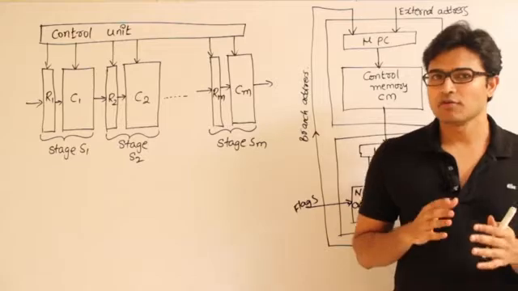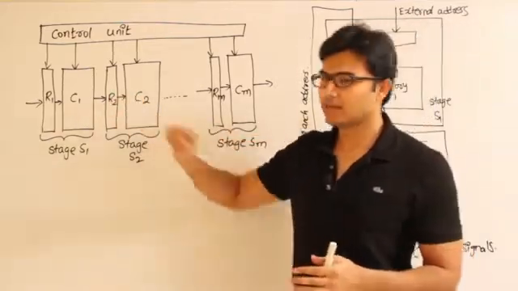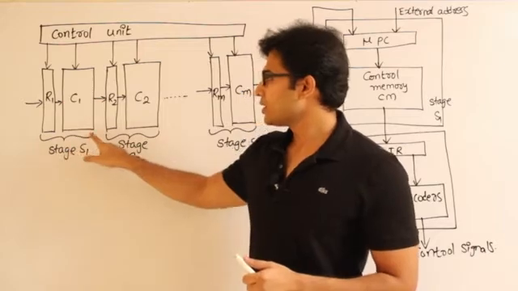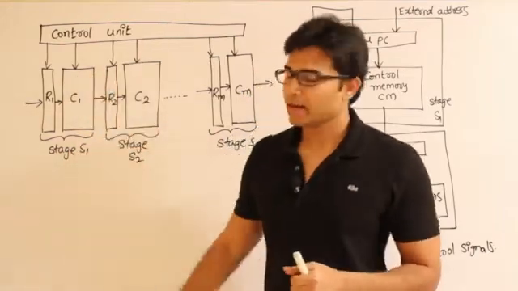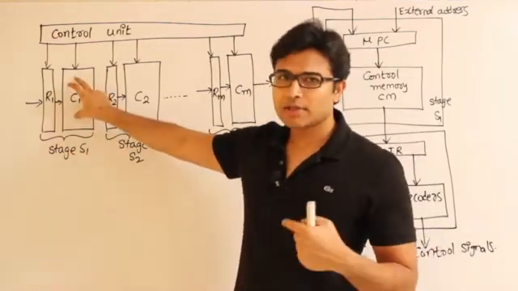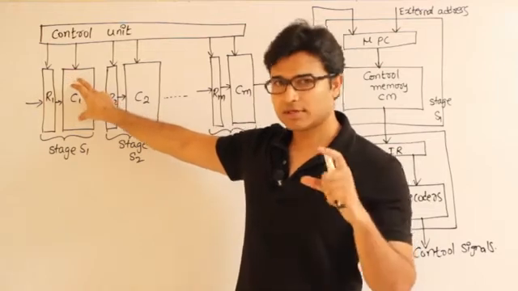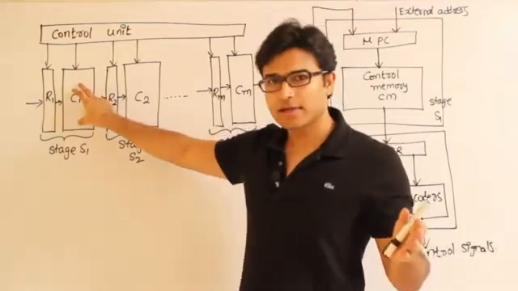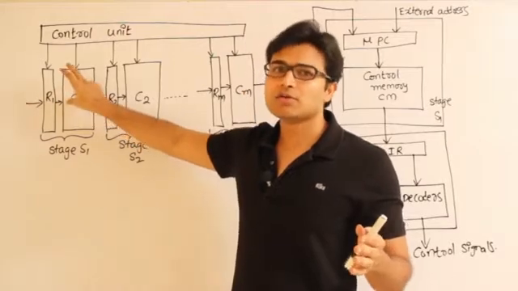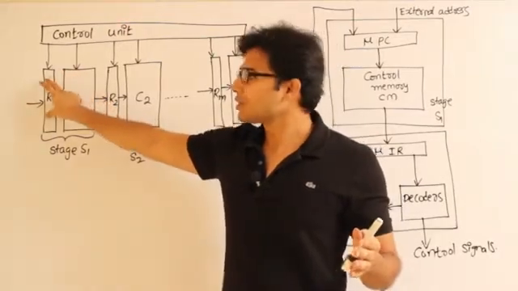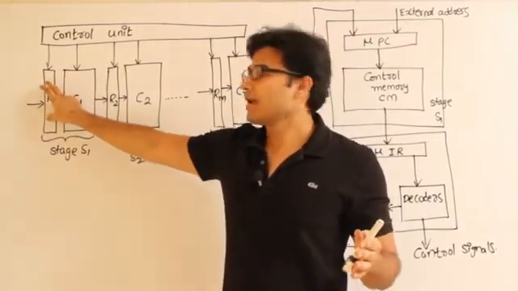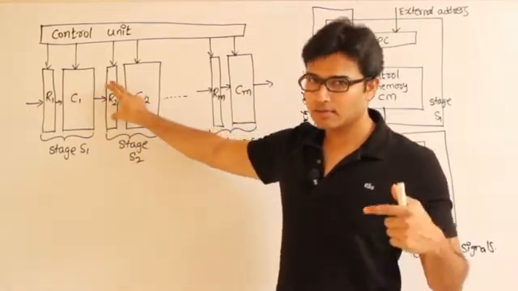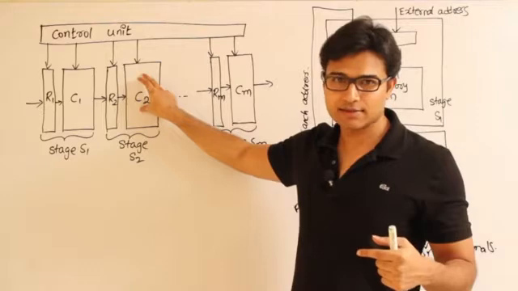So the generic view of a pipeline will be something like this. See this, this one is going to be one phase. This phase will contain certain combinational logic, let's say C1, the circuit with AND gates, OR gates, the complete logic gates present here. Before we give the data into this circuit, we have to store it in the registers R1. The output of this phase is stored in the registers or buffers associated with the next stage.